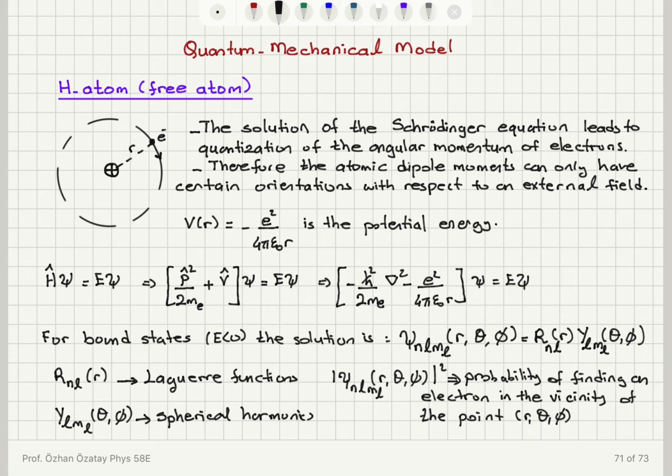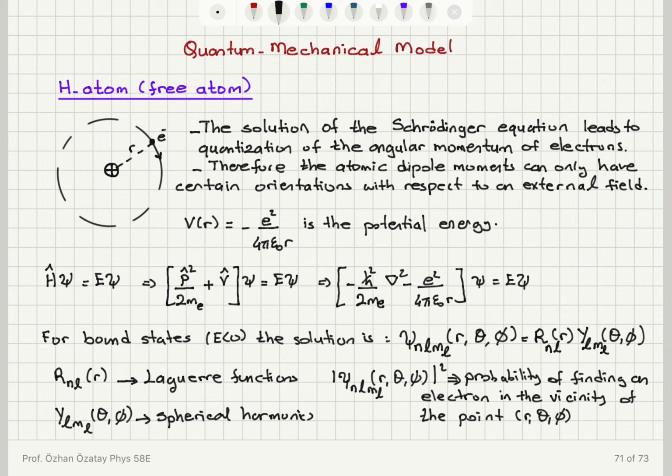And writing it explicitly, minus h bar square del square over 2m minus e square over 4 pi epsilon 0 r applied to the wave function gives us the Schrodinger's equation for energy times psi.